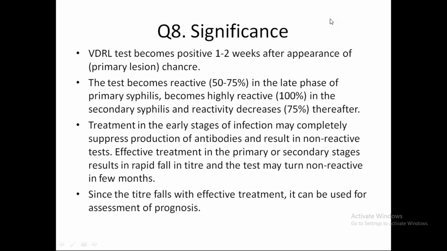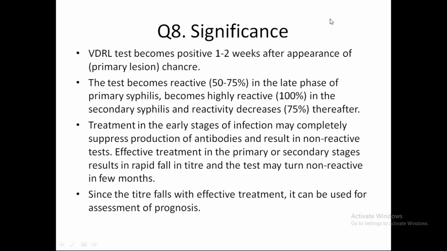The test becomes reactive in the late phase of primary syphilis and becomes highly reactive in secondary syphilis, and the reactivity decreases thereafter. So the VDRL test usually becomes positive 1 or 2 weeks after the Chancre appears. The highest positivity can be obtained during the secondary syphilis stage.